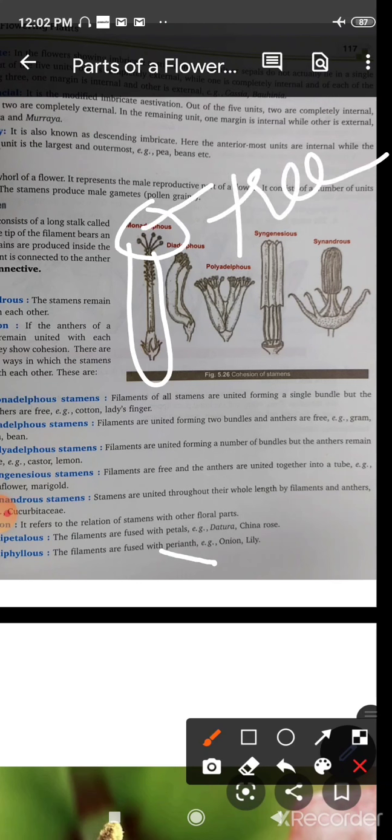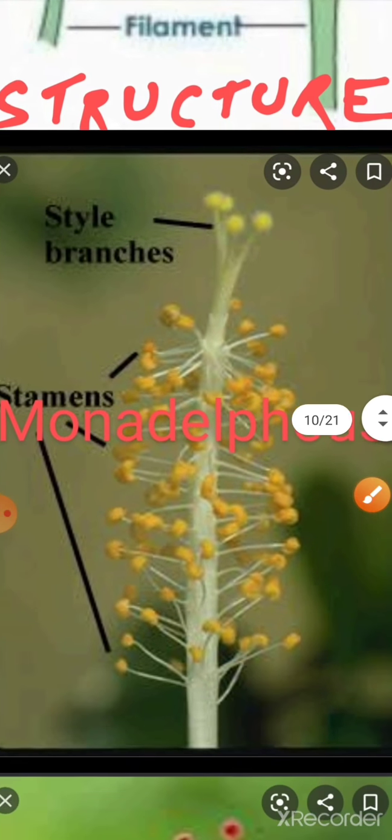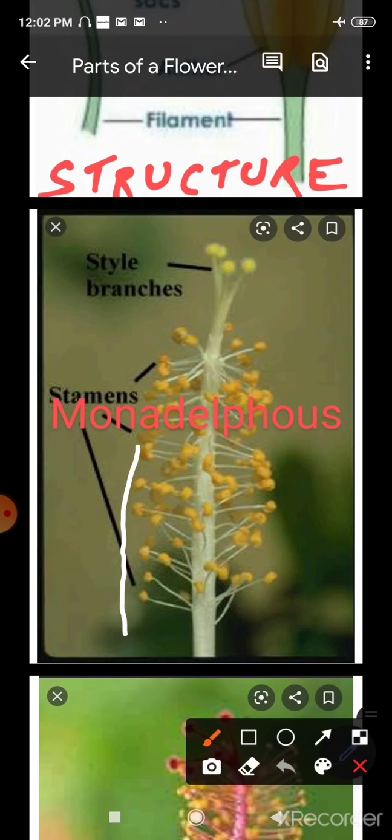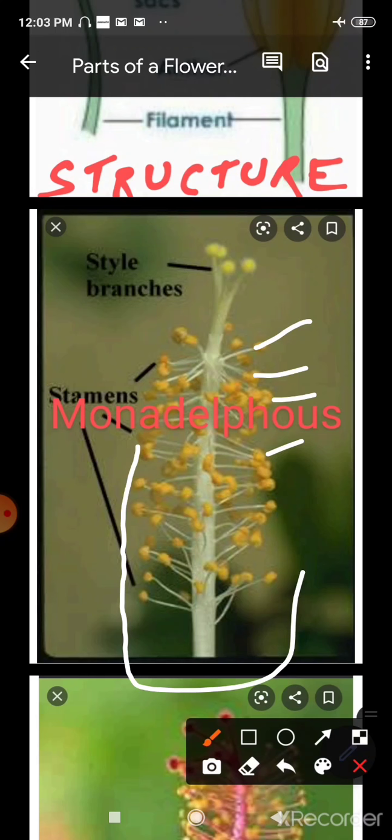The filament is united, but the anthers are free, and that is the monadelphous kind of stamen. We will look at the diagram of the monadelphous stamens here. You will see this region is the filament forming one bundle, and you can see how the anthers are all free. So that's about the monadelphous stamens.